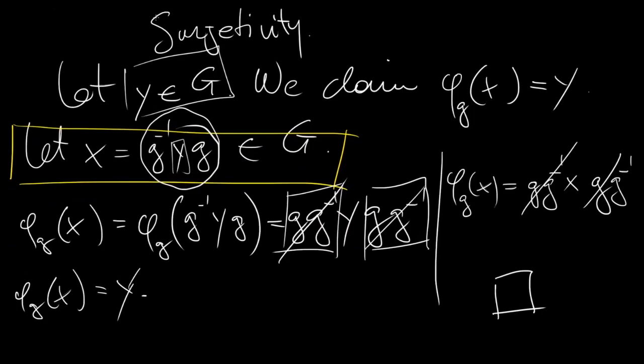Then we proved surjectivity. We had to prove that every element of the codomain has a pre-image in the domain. So for each element y of the codomain, there exists an element x in the domain such that the function of x is equal to y. And this is what we did.